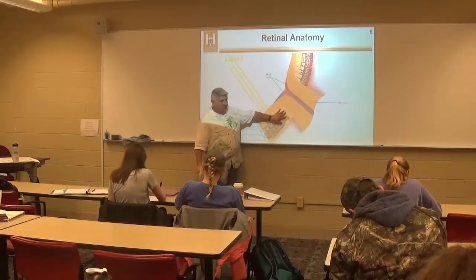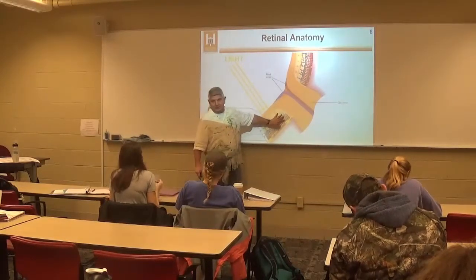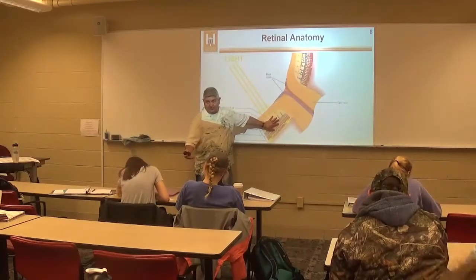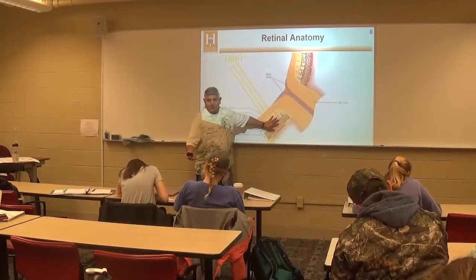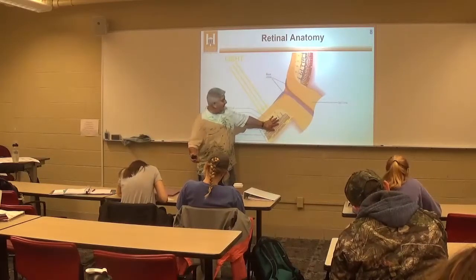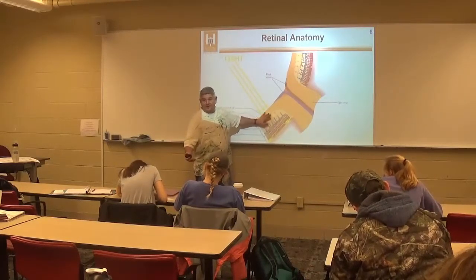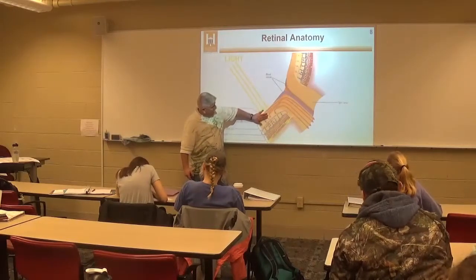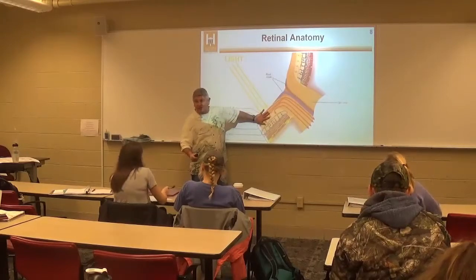Processing neurons here, bipolar, amacrine, and horizontal cells. And then those cells, what do you think those cells do? Process the signal, exactly. So processing cells, they're hooked up to the optic nerve. We call these ganglion cells.